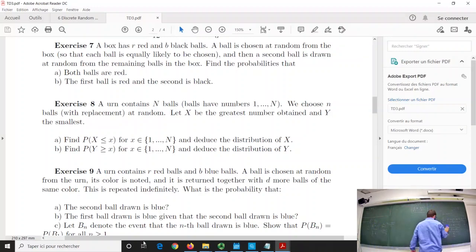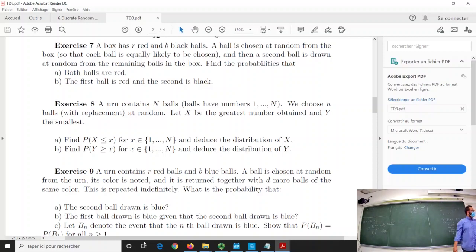So what you have here? You are in the following situation. You have a box with capital N balls that are numbered from 1 to capital N. You choose small n balls at random, with replacement. So you choose one, you see the number you obtain, you put it back in the box, and so on.